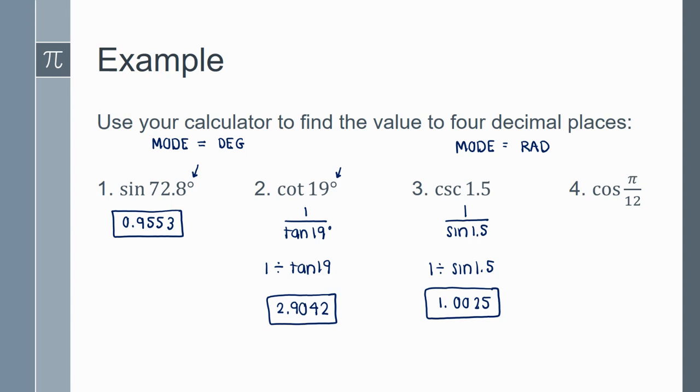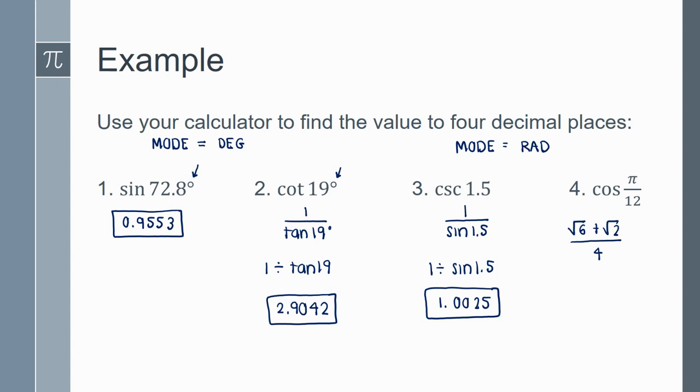The next one is cosine of pi over 12. Cosine is a button we already have in the calculator. Pi is a button that we already have in the calculator. So use the pi button, but hit cosine pi divided by 12. It's in radian mode. Some of your calculators might give you an exact answer. Obviously, like the directions say, I don't want this, I want 4 decimal places.